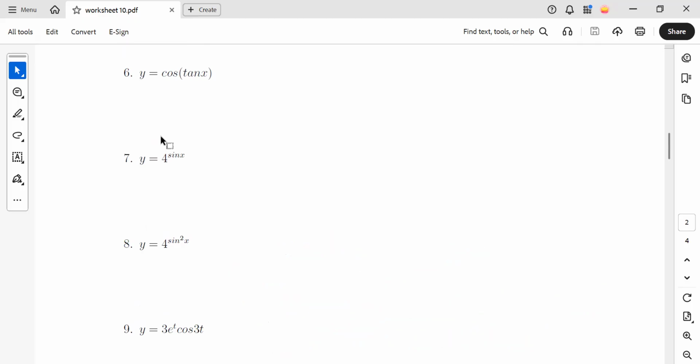Number 6 is about taking the derivative of cosine of tan x. So the overall function here is just a cosine function. We know that for the cosine function, the derivative is negative sine of whatever we have times the derivative of the inside, which is tan here.